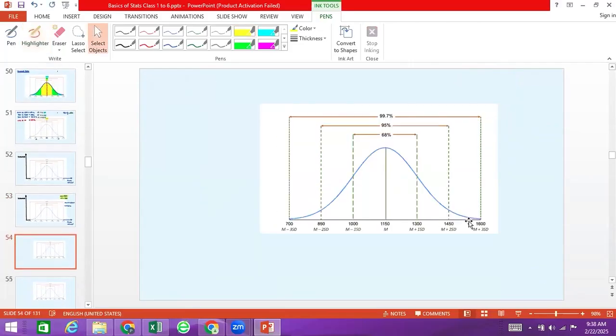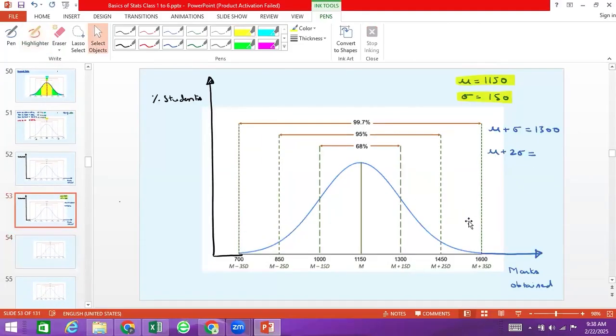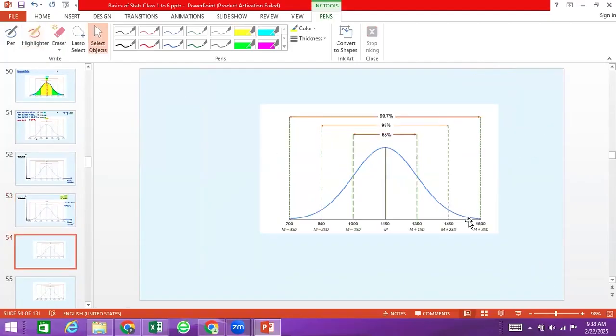Now let's do one question. Let me ask you a simple question. What percentage of data points are in this shaded area? 34%.